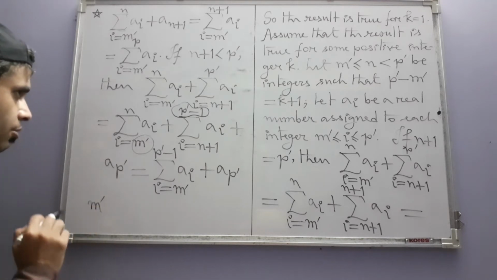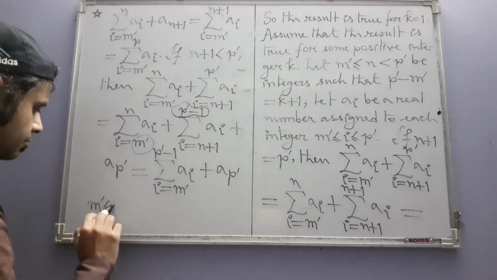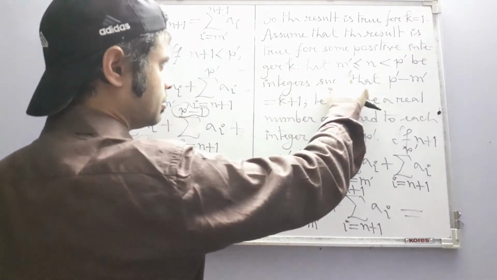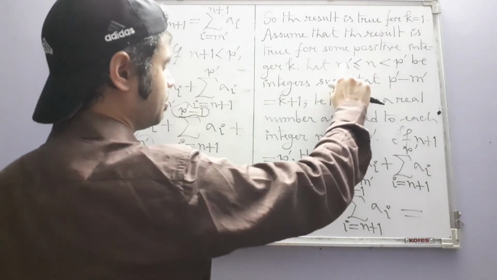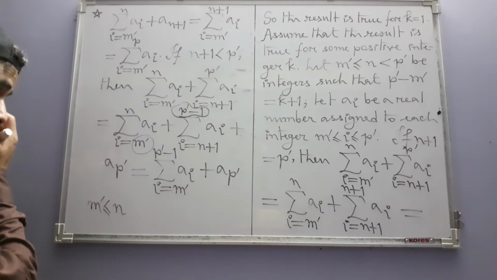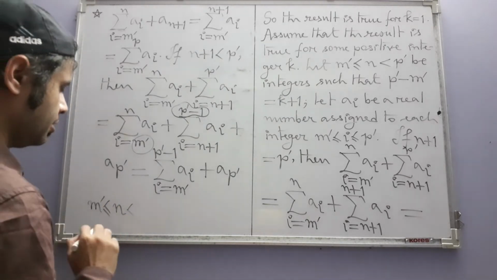m prime is already less than or equal to this n, because that's how we started things. I mean, our m prime, n and p prime, they are coming from here. And do we have this thing?